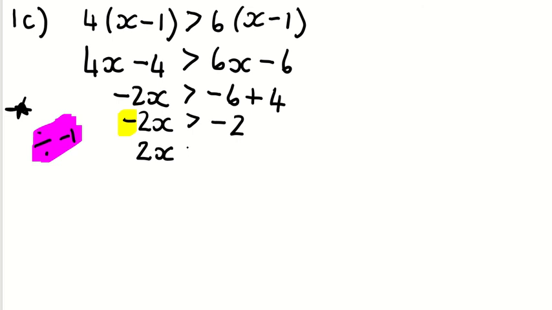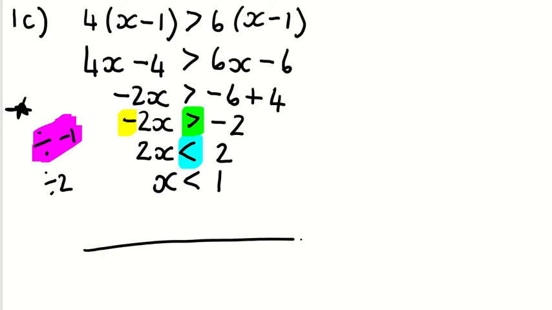The sign changes, so now it is a smaller than. Just note that the sign changed from bigger than to smaller than. And then 2, because I divided by minus 1 as well. Now I'm going to divide by 2 to get rid of the 2 in front of the x. So now I have x smaller than 1.